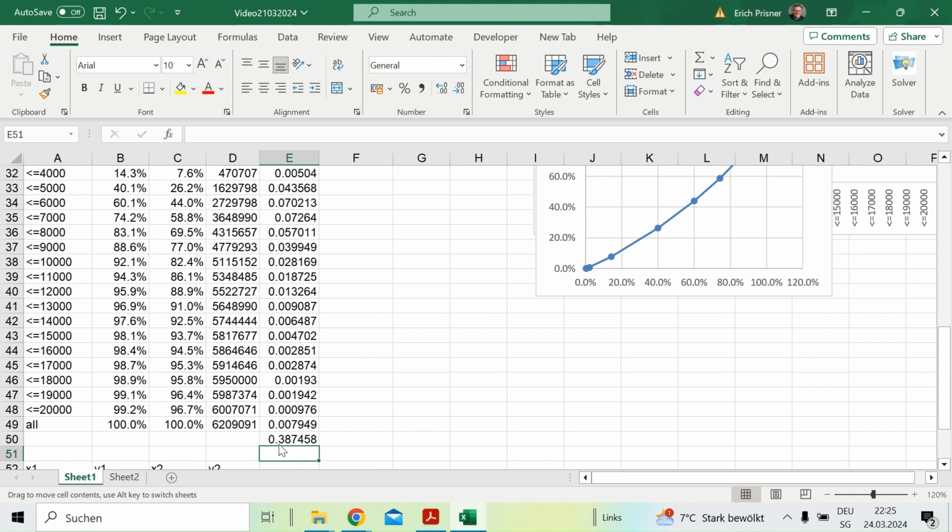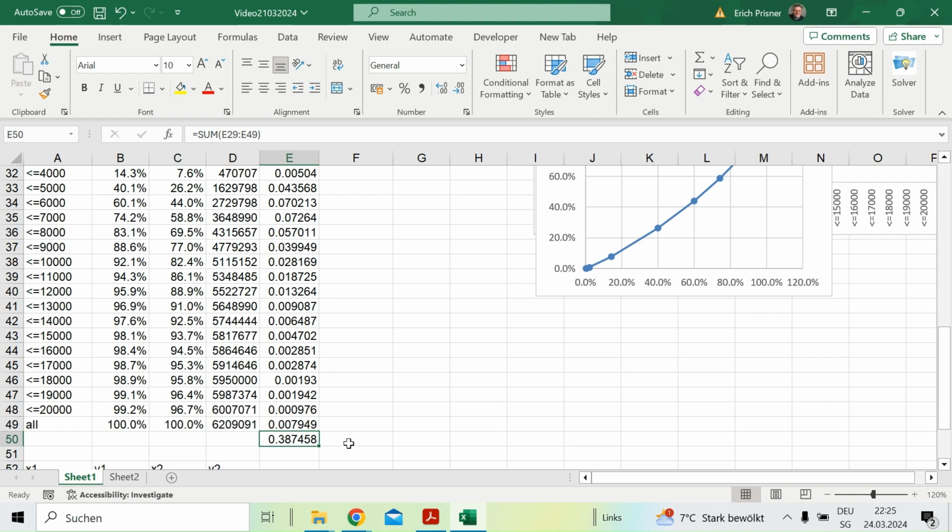So let's see what we get. We get 0.38. So 0.38 is the area under the Lorenz curve. And the area under the diagonal is 0.5. That means between diagonal and Lorenz curve, we have the difference between these two values as an area. So the area between the two curves, diagonal and Lorenz curve, is 0.5 minus 0.38.